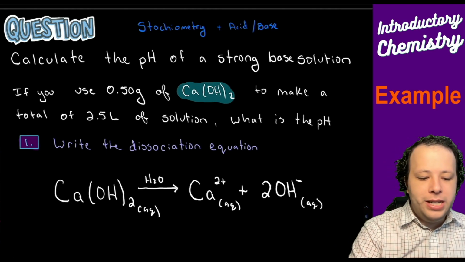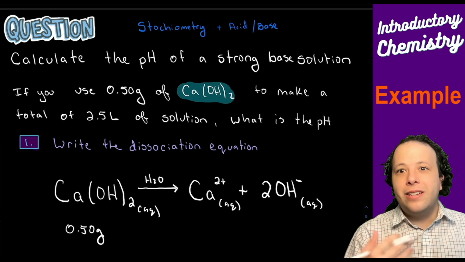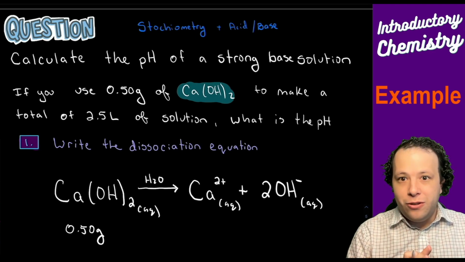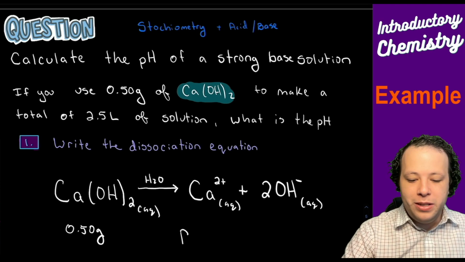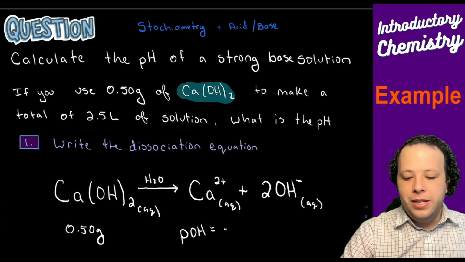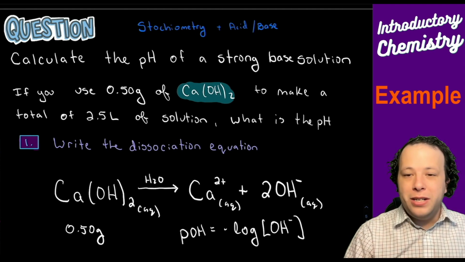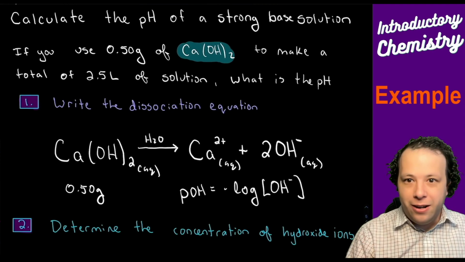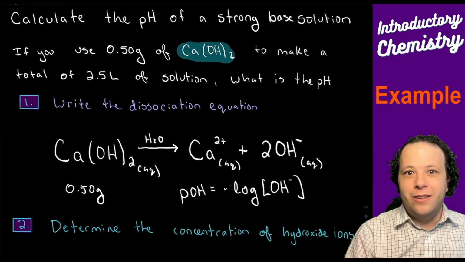We were only given how many grams of calcium hydroxide. We have to convert that to moles of hydroxide. Why moles? Well, remember our formula is pOH is equal to the negative log of the concentration of OH minus, meaning that OH minus has to be in molarity.